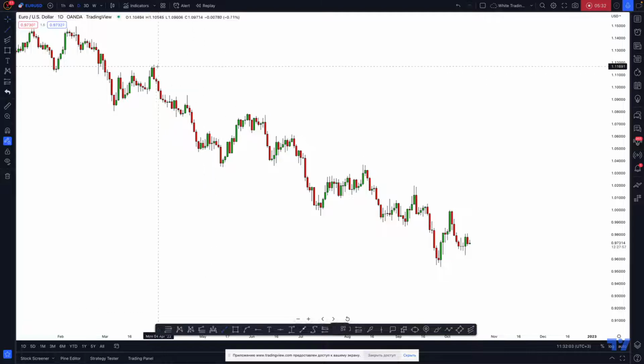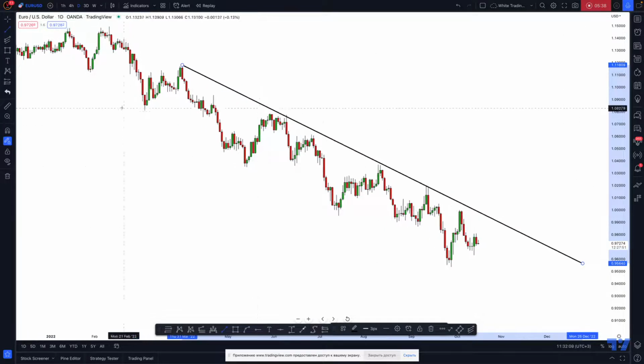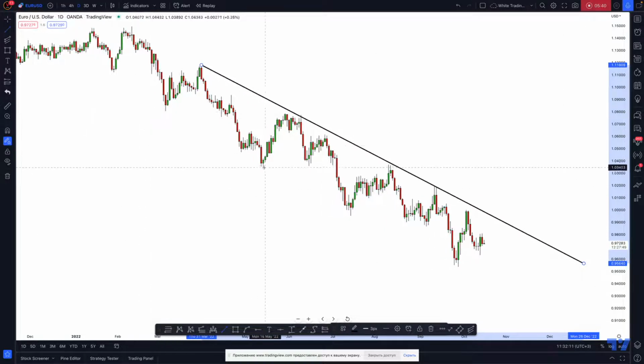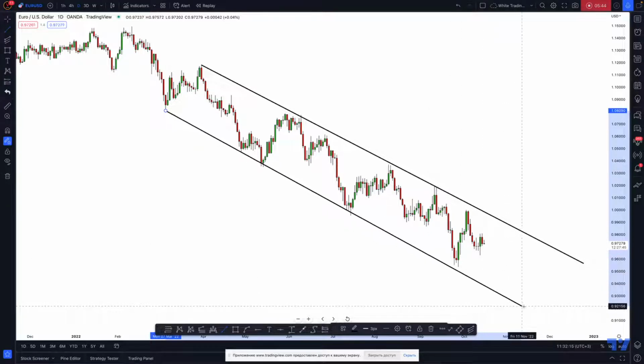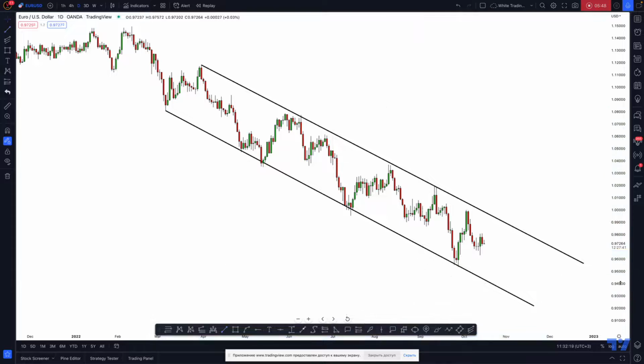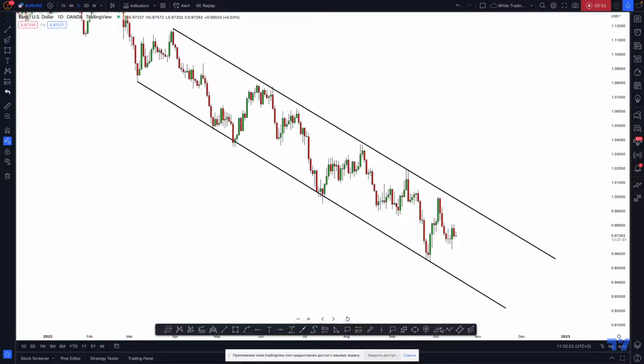If we take that high right here, you can see that we have a very nice falling resistance right here. And if we take, traders, that low, let's try to draw some resistance right here. Yes, it looks like we have this falling resistance right here. And now let's try to draw a Fibonacci channel.